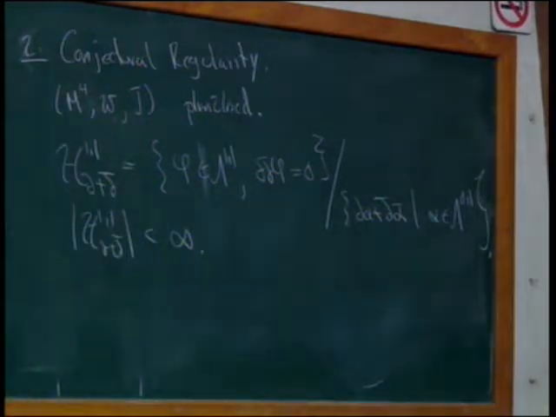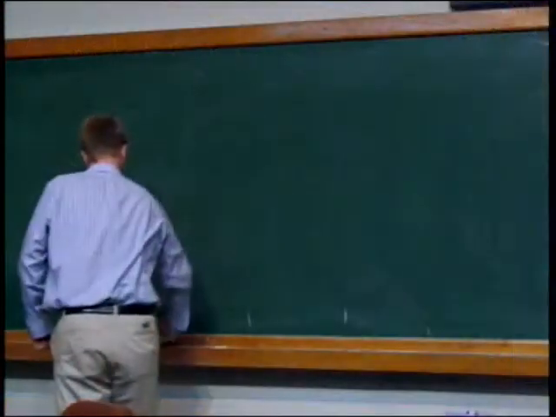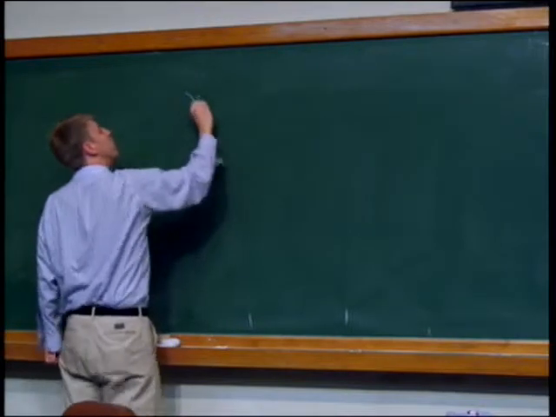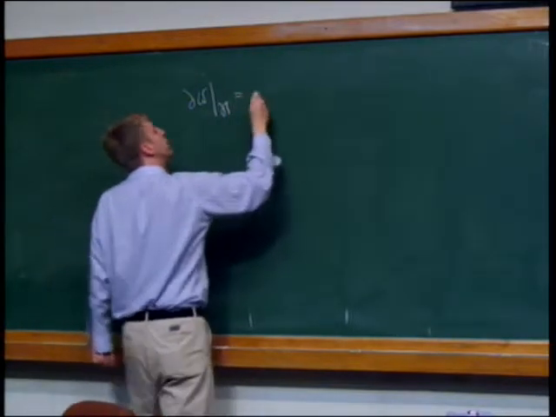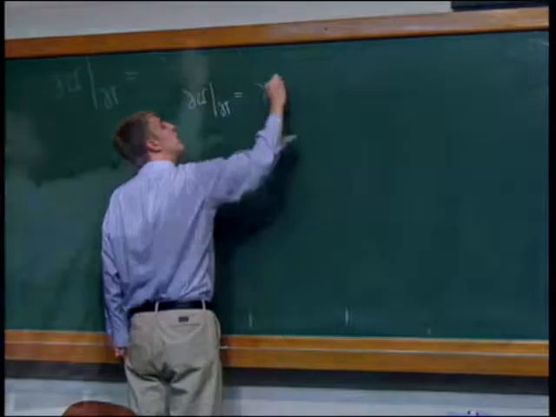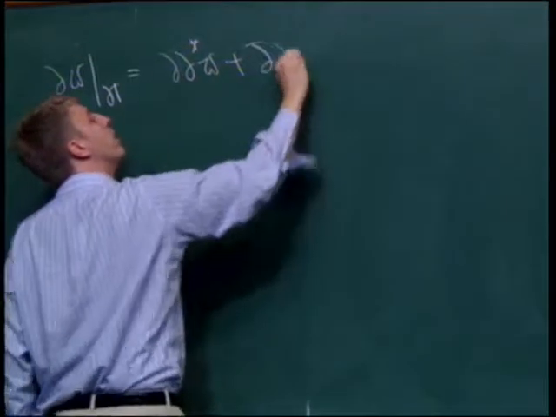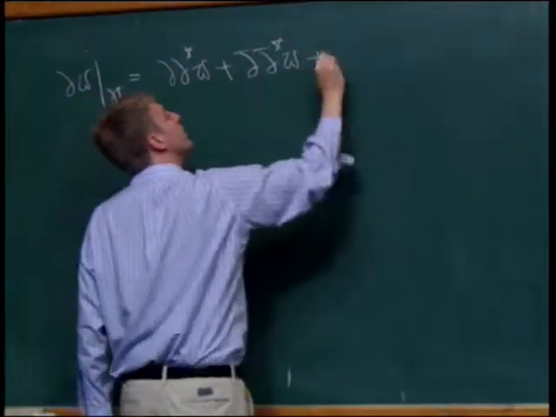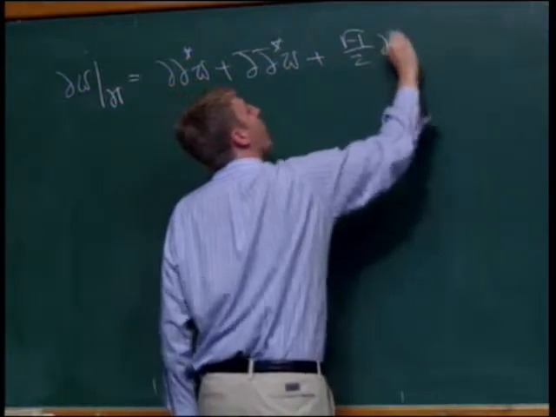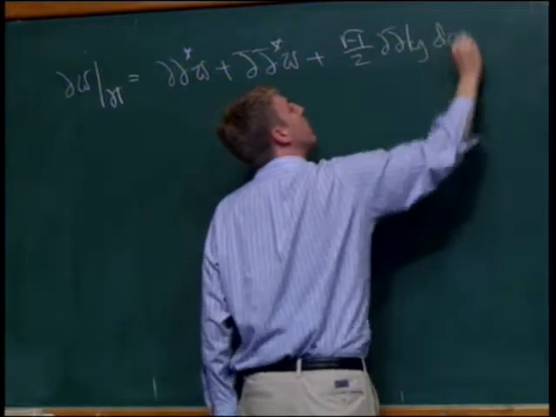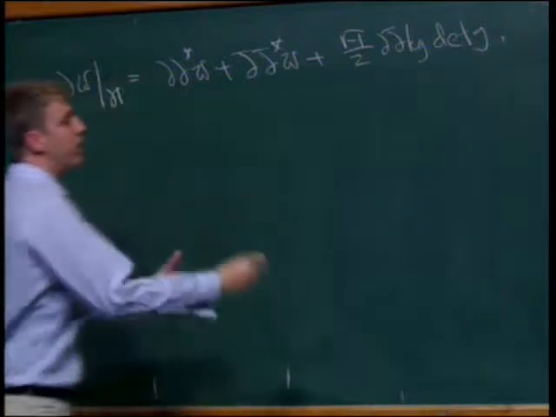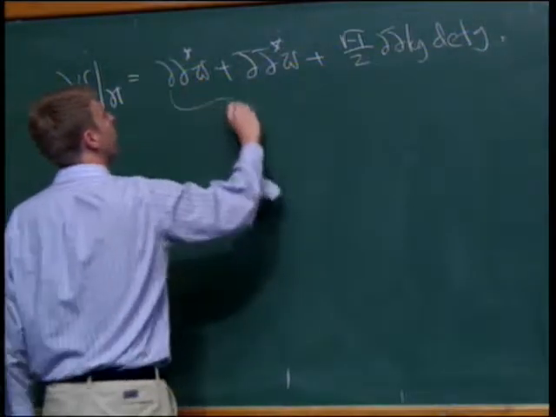And somehow you see that the pluriclosed flow naturally is a flow in this cohomology group, right? Because, let me just write it down again. d omega/dt is del star omega plus del bar star omega plus this closed term. So as far as the cohomology group is concerned, this term is exact.